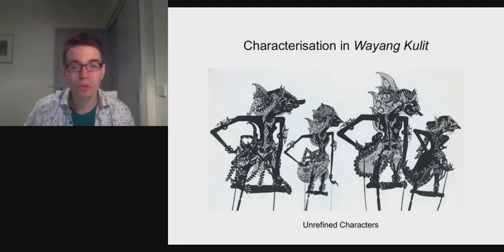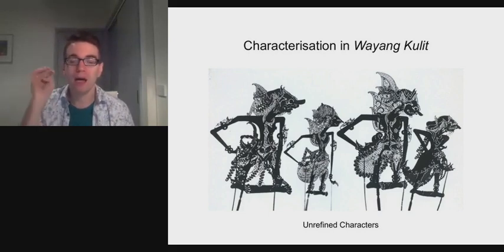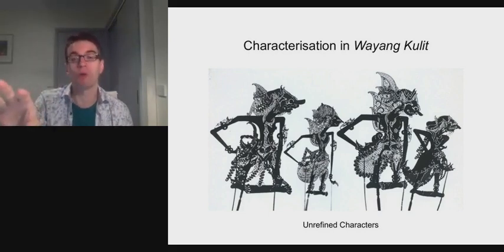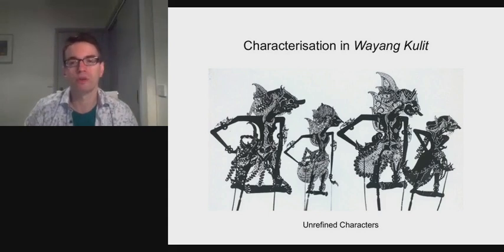Sometimes also, in 3 of these 4 characters on the screen, the eyes actually look directly forward or out towards an audience. And this is another indication of the characters that are unrefined or karas.